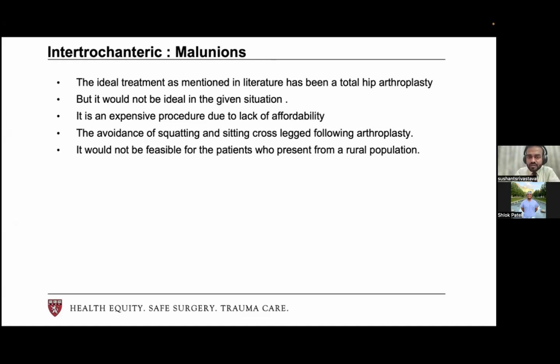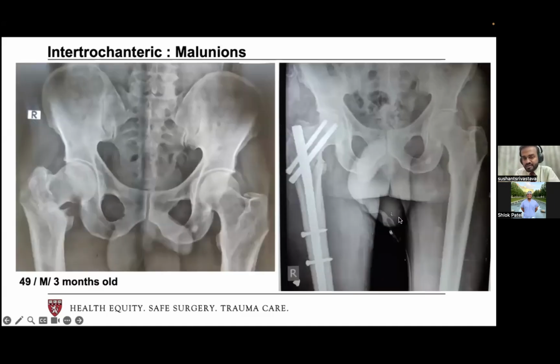There is an avoidance of squatting and sitting cross-legged following arthroplasty because of the low quality implants being used. And it would not be feasible for these patients who present to us from the rural population.